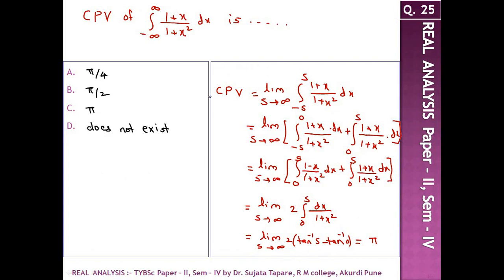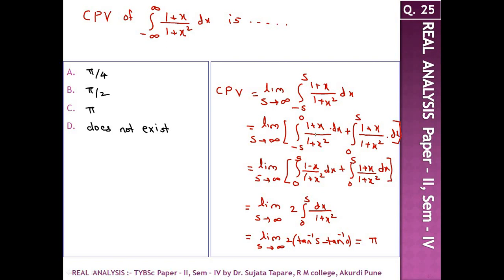CPV of integration minus infinity to infinity 1 plus x divided by 1 plus x square dx is. To find CPV of the integral, it is given by limit s tends to infinity integration minus s to s of 1 plus x divided by 1 plus x square into dx. We split here at 0. So the first integral is minus s to 0 and the second one 0 to s.